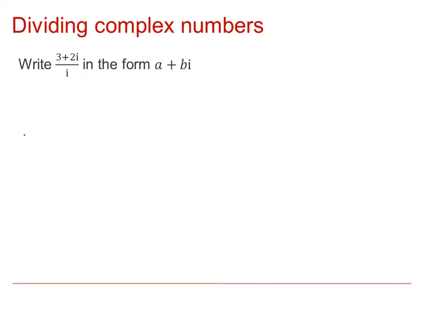Here we've got 3 plus 2i over i, and we want to simplify this and actually do the division. The thing to remember is that i is a special kind of surd. It's just the square root of minus 1. If we were just dealing with surds, you would think about multiplying top and bottom by, in this case, i.